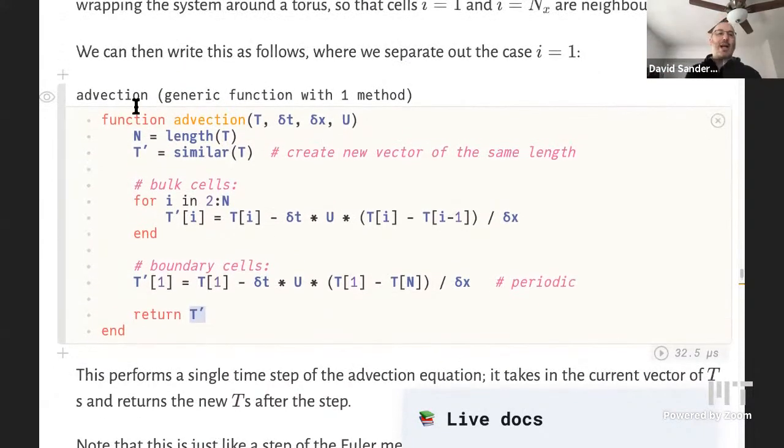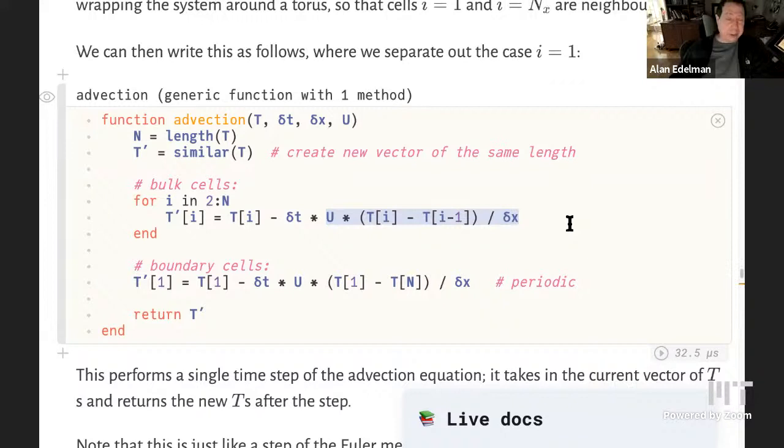Okay, so what are we actually doing here? This is actually just like an Euler step in the Euler method for solving ODEs. This is literally an Euler step. We're just doing x plus delta t times f of x, the right-hand side, except that here x is now a vector of all these temperatures at different positions, and f of x is this formula that relates the different spatial components.